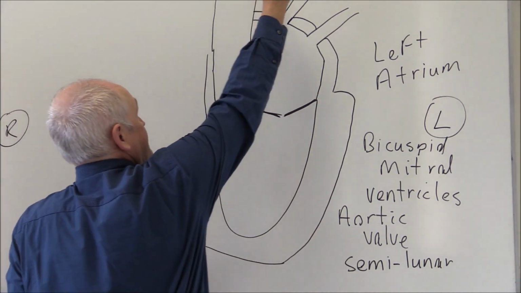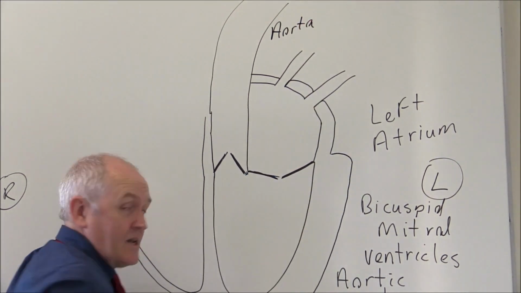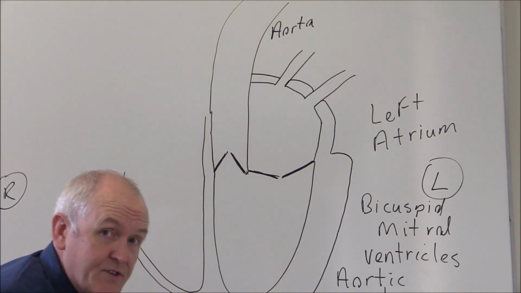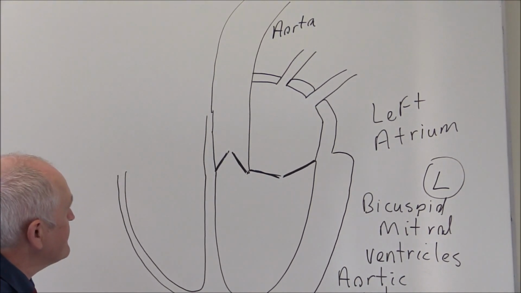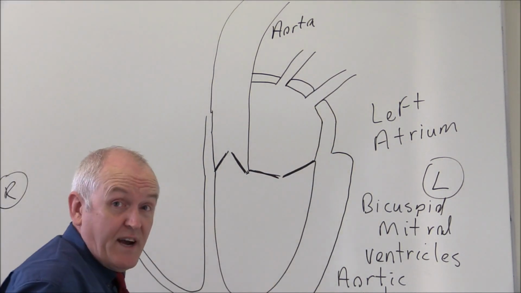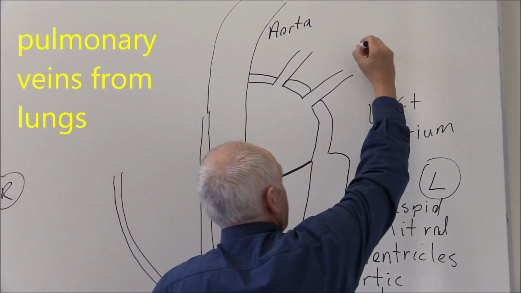So as we've said, this vessel is the aorta, the large vessel leaving the left ventricle, taking blood all round the systemic circulation. And these veins here, remember we said there was 4 veins taking blood into the left atrium. They're the pulmonary veins.